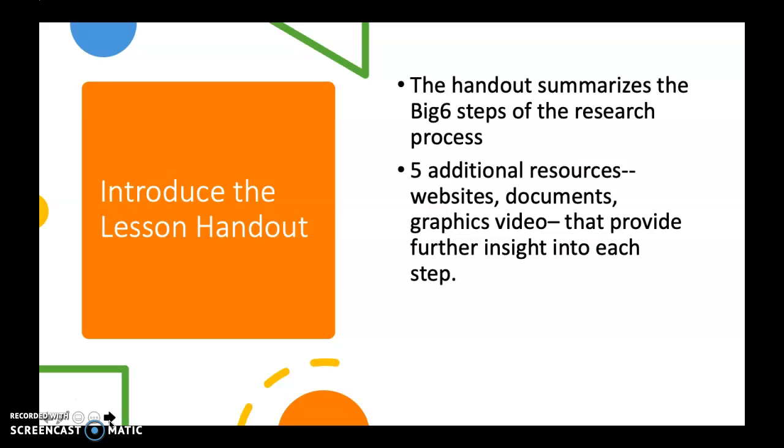I have included a handout. There's actually two documents, two parts. The first one summarizes with visuals the 6 steps of the Big 6 research process. And then you have the handout part that deals with additional resources that include websites, documents with graphics and video, all of which provide further insight into each step.